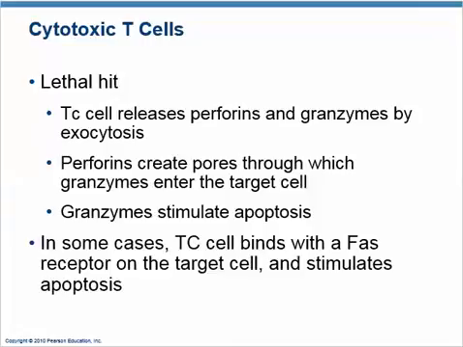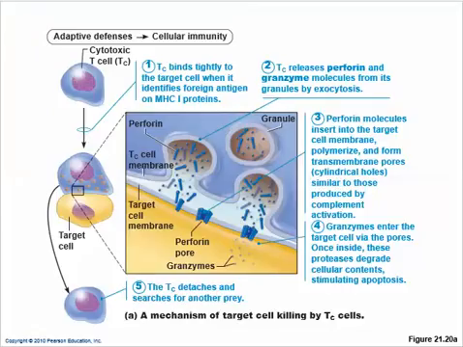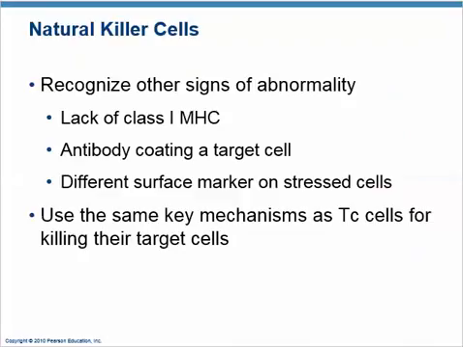But it's expensive. I've said this a number of times. You don't want to kill your own cells unless they are co-stimulated. And the helper Ts are what do the co-stimulating to the killer Ts.